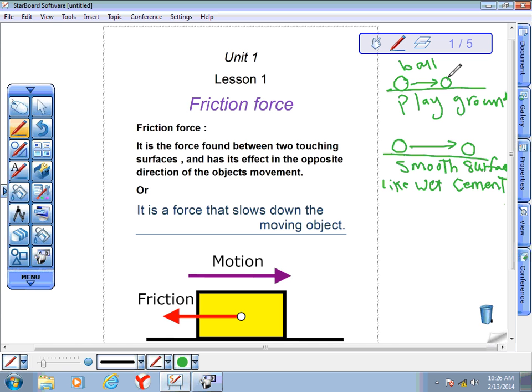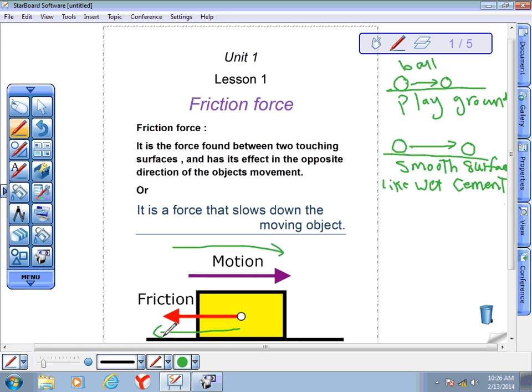And this friction force has an effect in the opposite direction of the movement, like this picture. Look at this picture. We found that the direction of the movement is forward, but the direction of friction is backward.